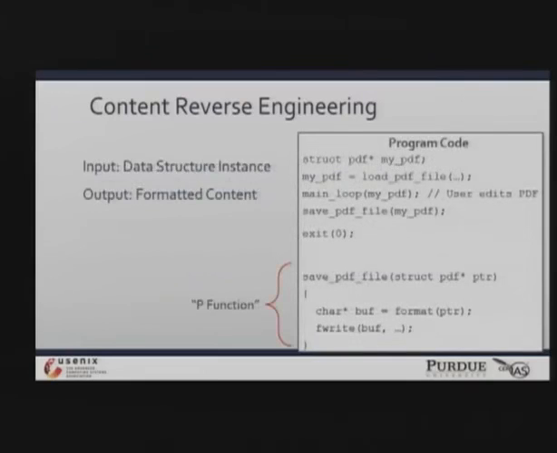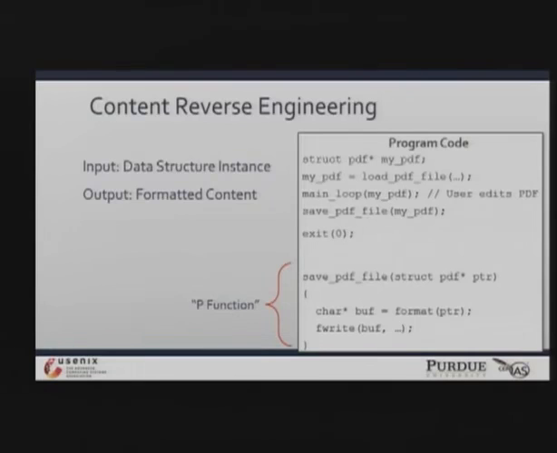So for a running example, let's assume we have this source code for that PDF editor application. You can see that the first line defines this PDF data structure. We're going to load a PDF file in from disk, and that's going to allocate and initialize these in-memory data structures. The main loop allows the user to make his edits to the PDF.